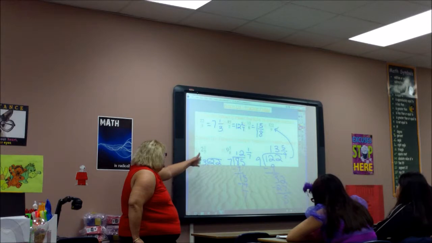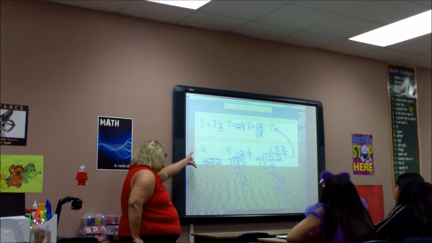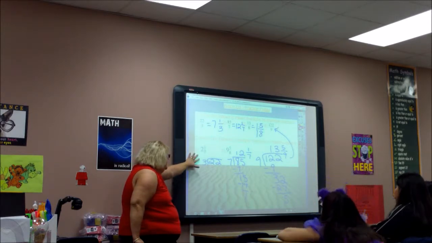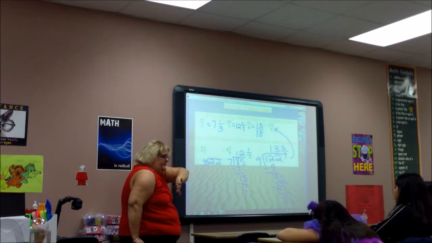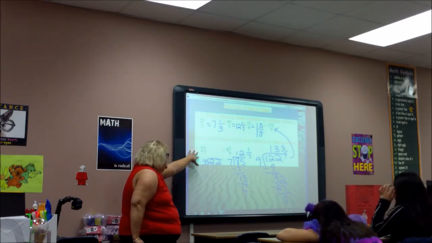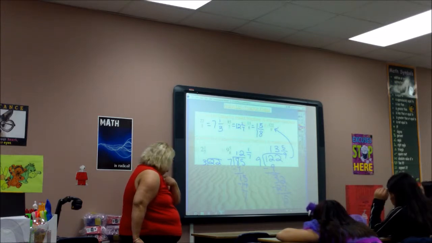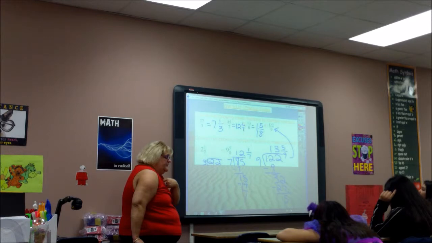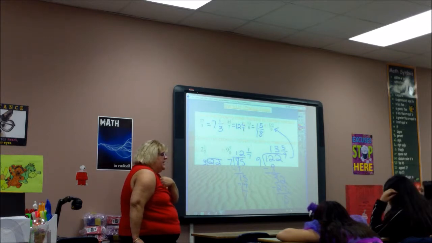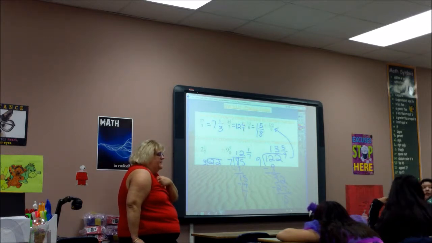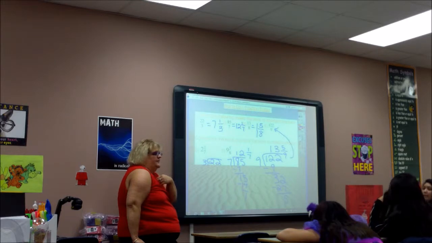And now numbers 5 and 6, we're just going backwards. We're going from mixed number to improper. Okay? Natalie, what did you get for number 5? 2. Yeah. How do you change from mixed number to improper fraction? And we're not dividing anything.